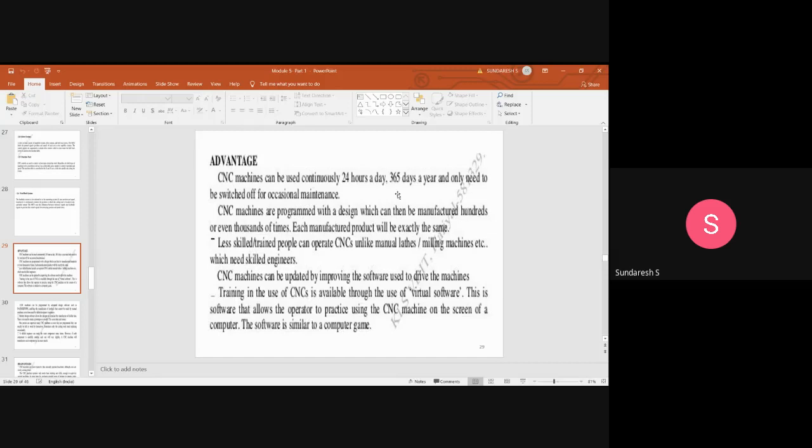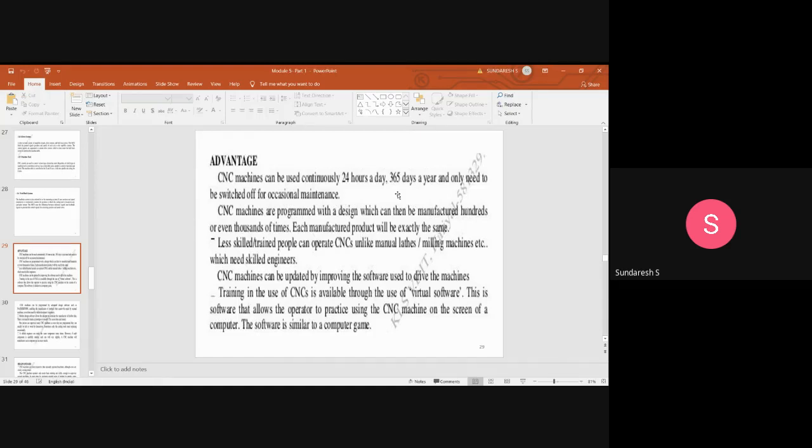CNC machines are programmed with a design which can then be manufactured hundreds or even thousands of times. Each manufactured product will be exactly the same. Less skilled or trained people can operate CNCs, unlike manual lathes, milling machines, etc., which need skilled engineers.